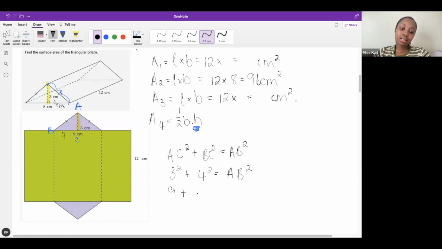That means 9 plus 16 is AB squared. Is 25. Let me see in the chat if anyone got it. Nope, not yet. Therefore, AB is 5. That makes more sense.